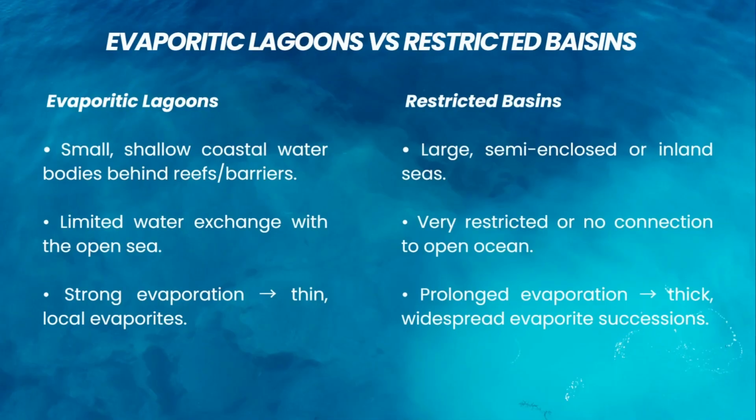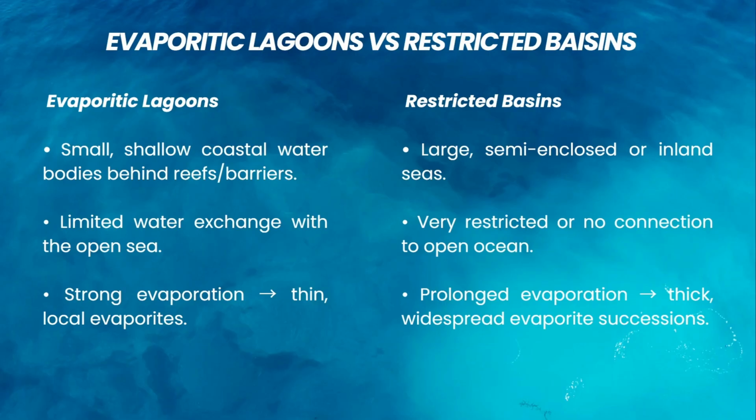This slide compares evaporitic lagoons and restricted basins, two environments where evaporite deposits can form. Evaporitic lagoons are small, shallow, coastal water bodies that usually sit behind reefs or barriers. They have limited water exchange with the open sea, so when evaporation is strong, they produce thin, localized evaporite deposits. On the other hand, restricted basins are much larger, semi-enclosed or inland seas.